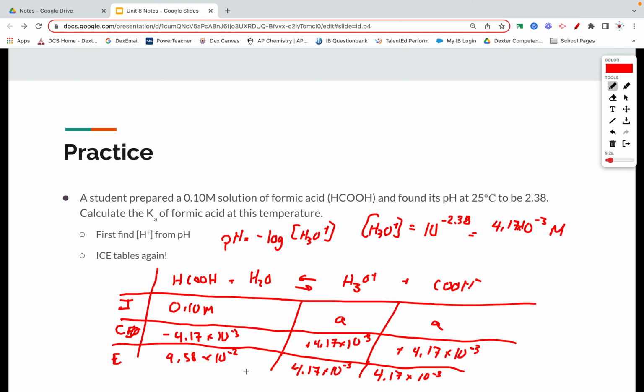We put our three values into our Ka expression.